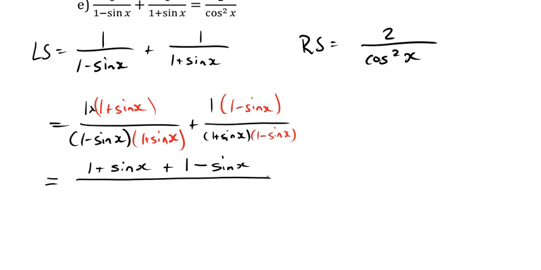But we're going to expand the bottom, and the bottom is like the factored form of a difference of squares, right? 1 plus sine, 1 minus sine. See that? x plus 3, x minus 3, x squared minus 9, right? It's a binomial expansion. So it works out, I'll do that on the side after if you don't see it, but it works out to 1 minus sine squared x.